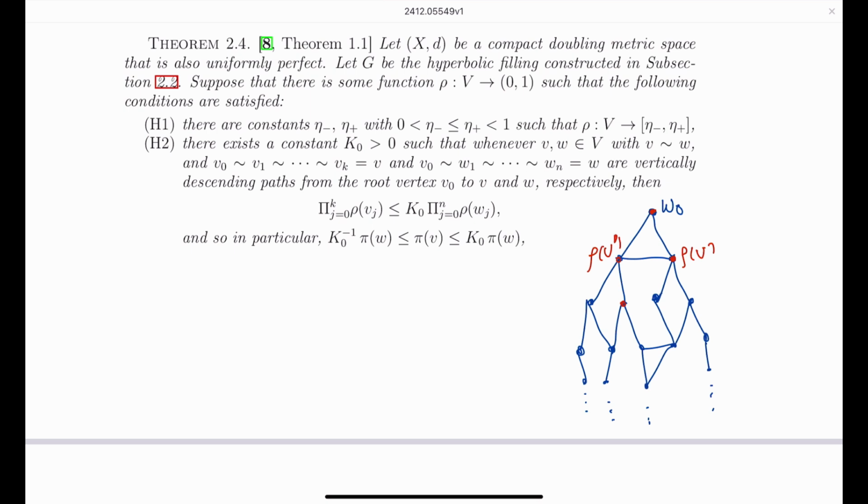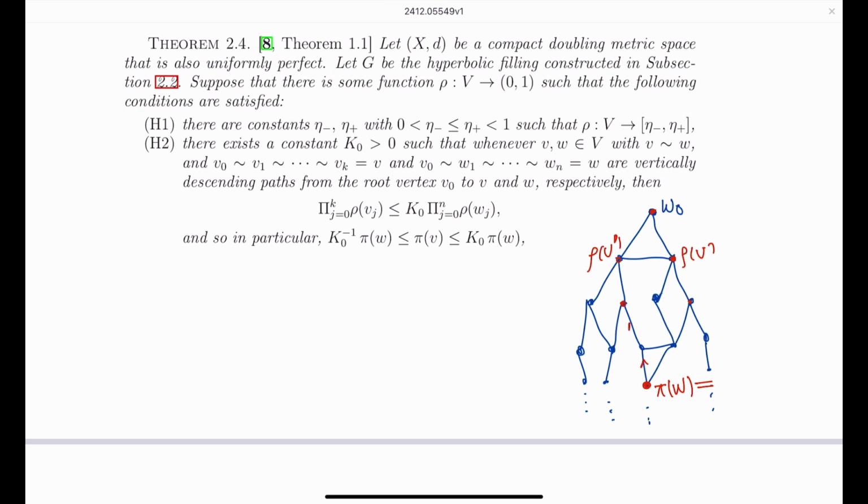It can be different. So you keep assigning one real number to each vertex. But this is not going to be our function in the definition of the length.